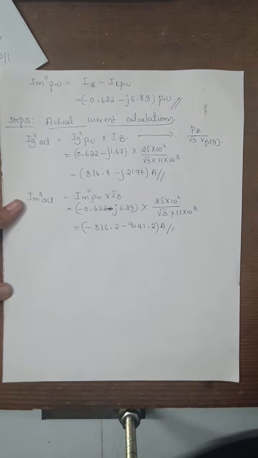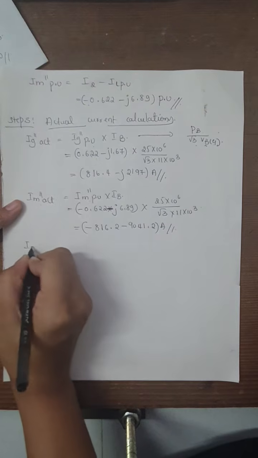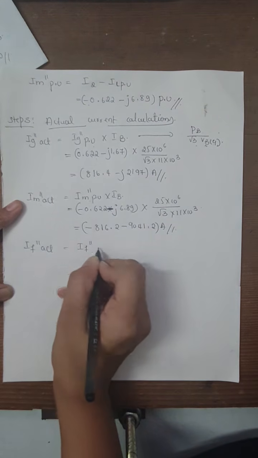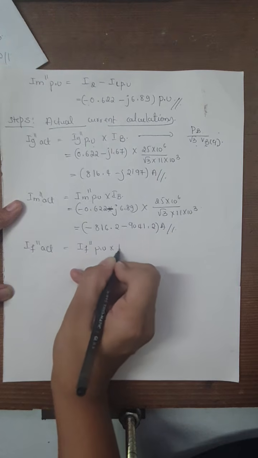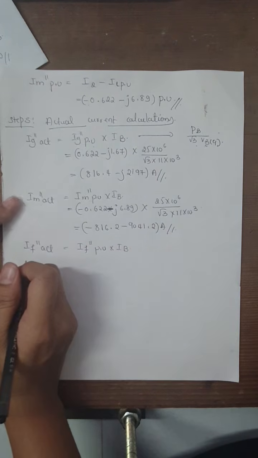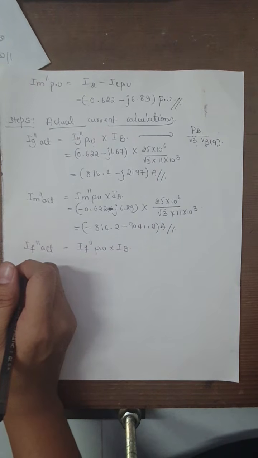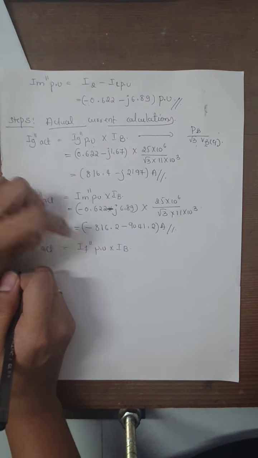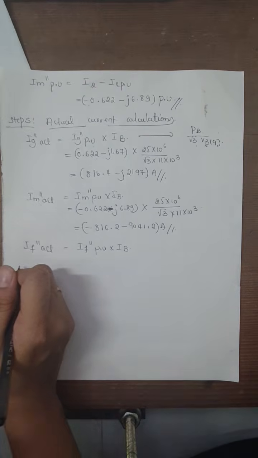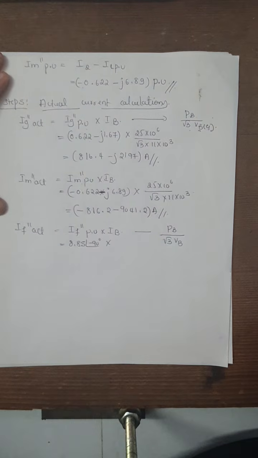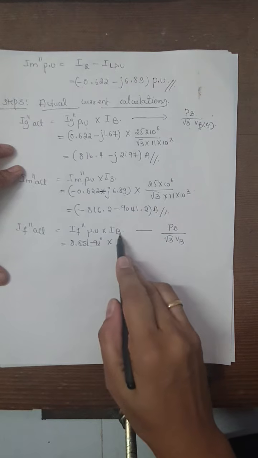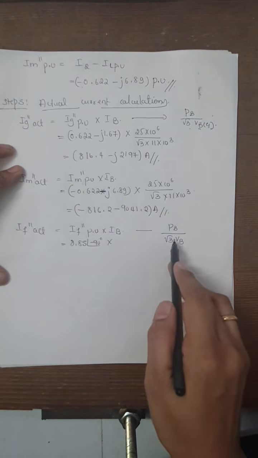So next, similarly you can do it for the fault current, that is If double dash actual will be equal to If double dash per unit multiplied by I base. You already calculated this fault current in step 3, If double dash. That value we have to consider here: If per unit into I base. I base is P base divided by root 3 V base.